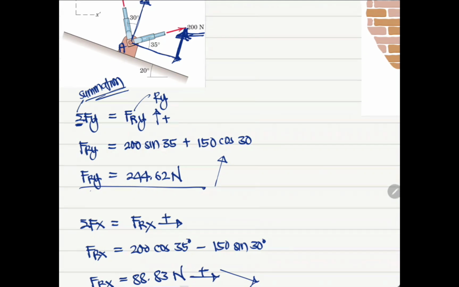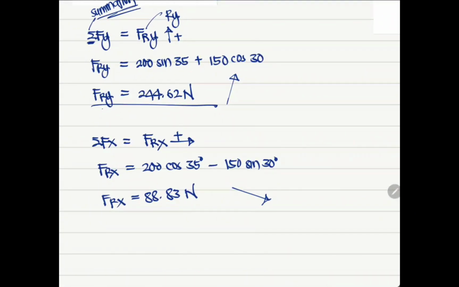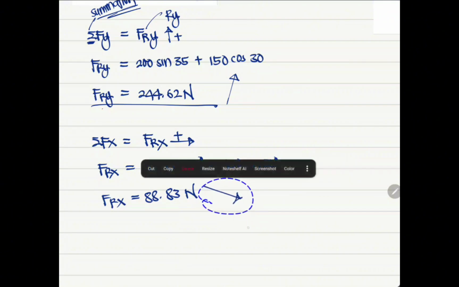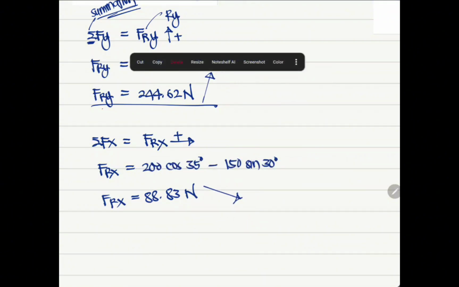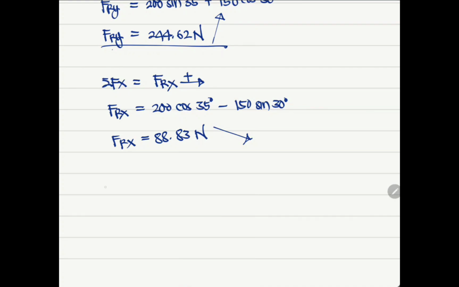So what we follow is the axis that was given. Okay, so that is first. Then we can also get the resultant force. FR is equal to the square root of FRx squared plus FRy squared.